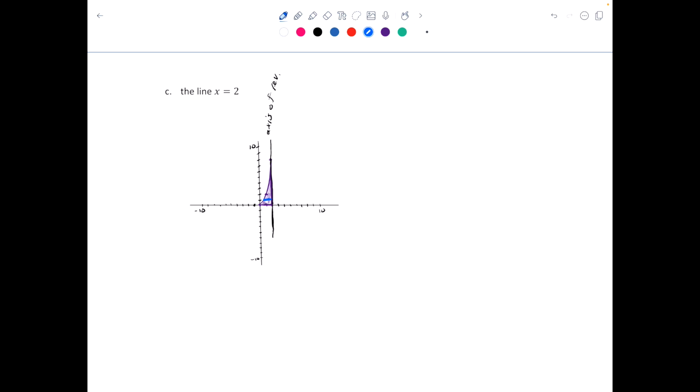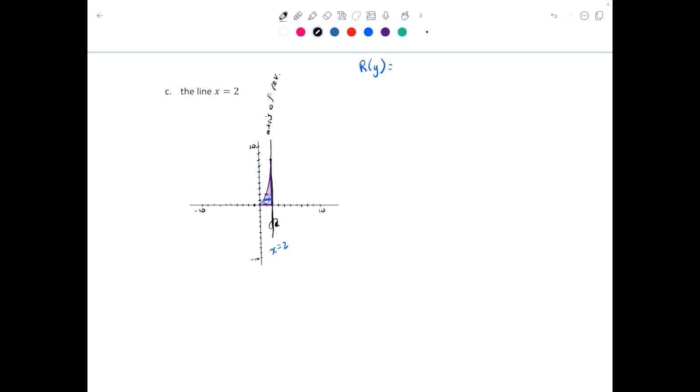And to find out what that radius would be at any given time, we're going to have to subtract the rightmost function of y minus the leftmost function of y. So we basically have r of y equals, the rightmost function is x equals 2, right? That line, the axis of revolution. So this is also our axis of revolution.